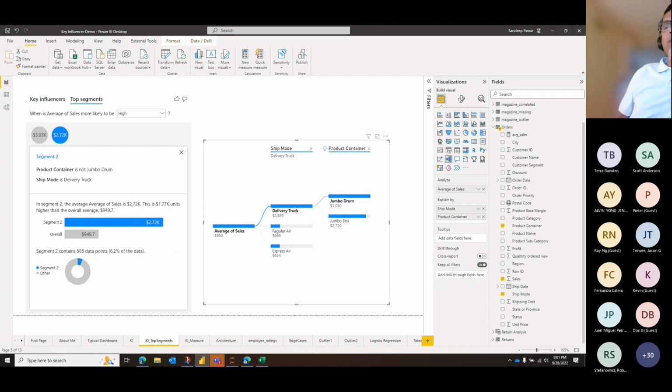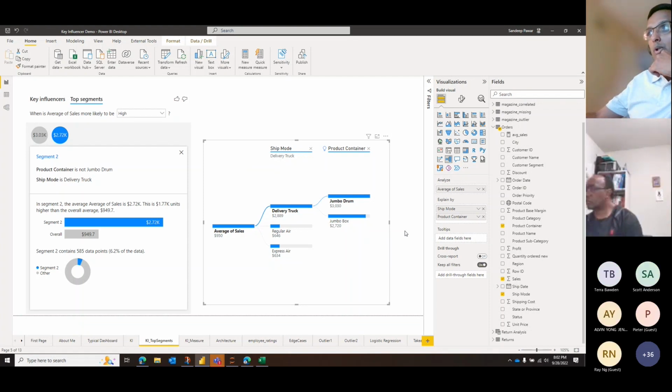So those numbers match. You can get to the same thing with the decomposition tree as well. If you want to convey what those segments or pockets within your data are, then the decomposition tree is much better because it's visual, and you can explain it to your business users as well.